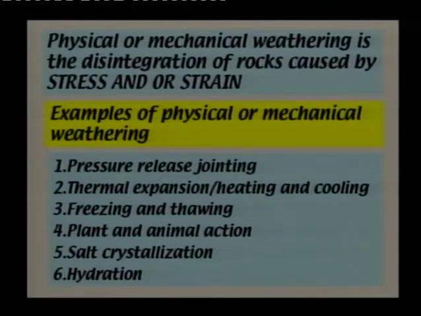Then we have freezing and thawing, which is also an example of physical or mechanical weathering. Freezing and thawing is common mainly in temperate regions of the world. Within the tropical region, it will be in high mountain country where temperatures perhaps go below 0 degrees.